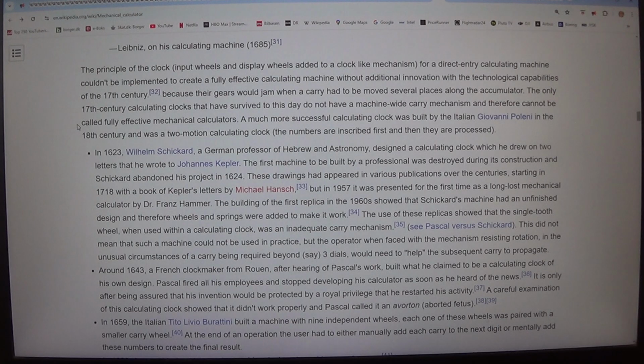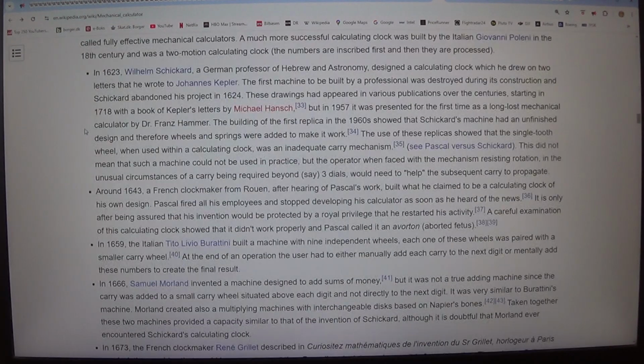A much more successful calculating clock was built by the Italian Giovanni Pallini in the 18th century and was a two-motion calculating clock. The numbers are inscribed first and then they are processed. In 1623, Wilhelm Schickard, a German professor of Hebrew and astronomy, designed a calculating clock which he drew on two letters that he wrote to Johannes Kepler.